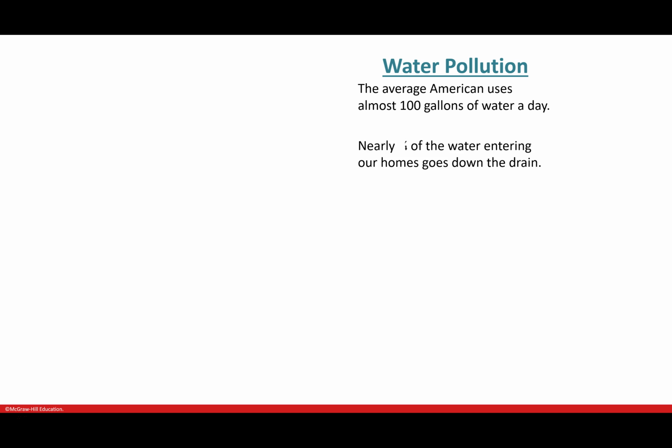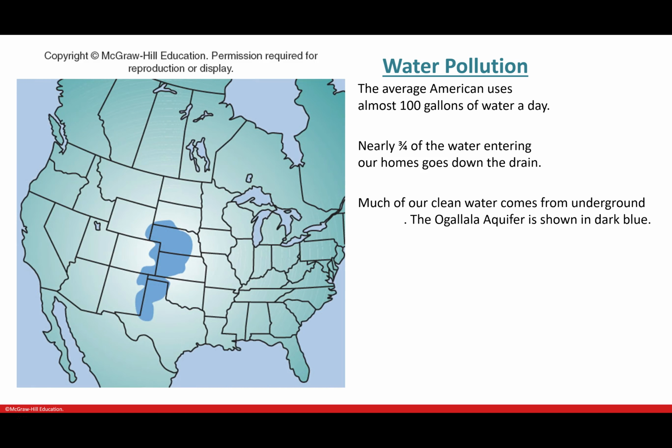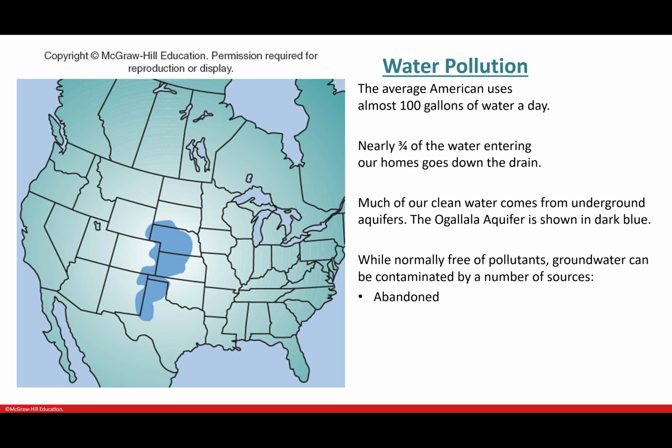The number there is 3/4. Nearly 3/4 of the water that we use goes down our drains. This is actually a water table, so this is the aquifer they're talking about. There are other water tables that can be resourced, but this is the largest one.